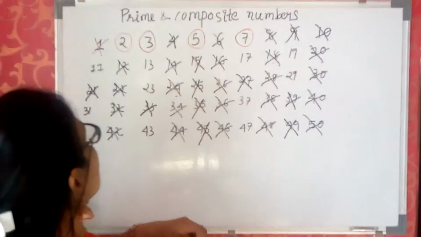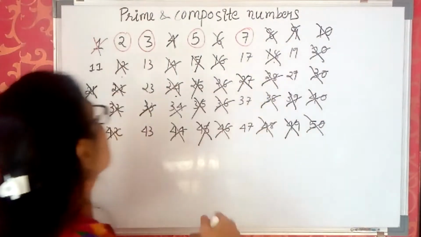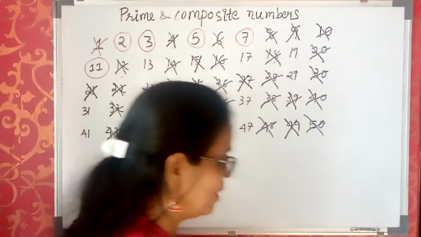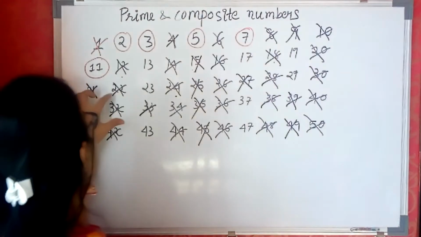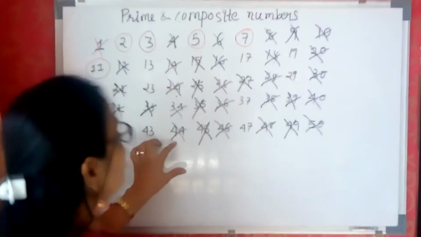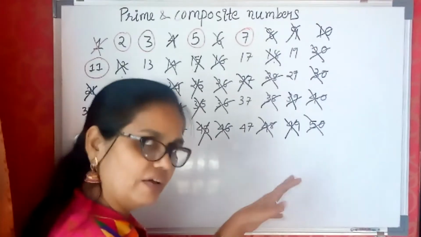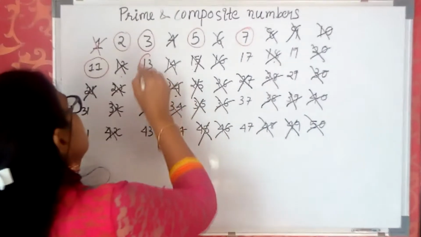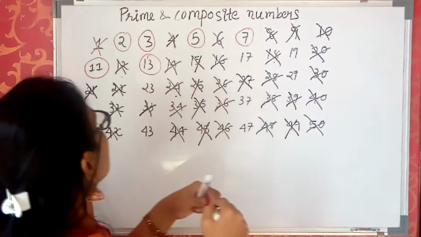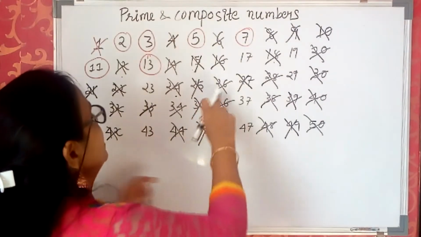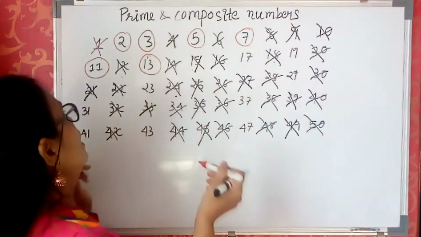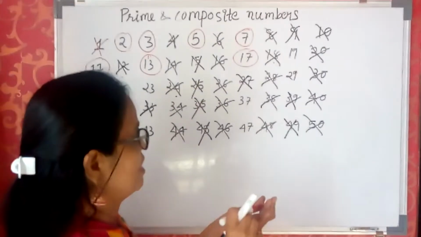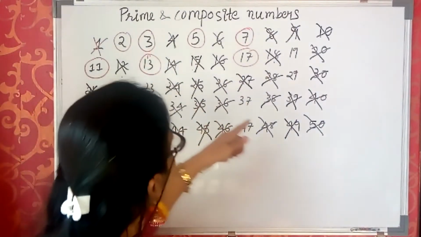Next, encircle the number 11 and cross out the multiples of 11: 22, 33, 44, 55 and so on. Then next, encircle the number 13, multiples of 13: 26, 39. Then encircle the number 17 and cross out the multiples of 17.